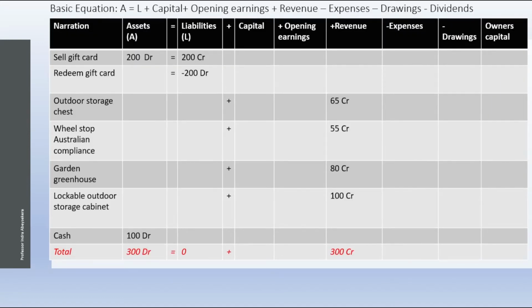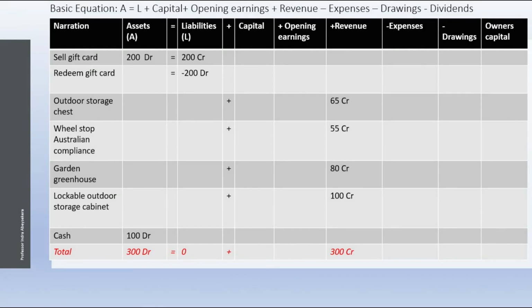In that equation, assets equal liabilities, and we expand the owner's equity portion with the initial capital contribution, then any opening retained earnings at the beginning, and then the revenue earned during the period, less expenses incurred during the period, and any drawings taken out by the owner during the period, and any dividends paid out to the owner during the period. So let's apply this to the expanded accounting equation.